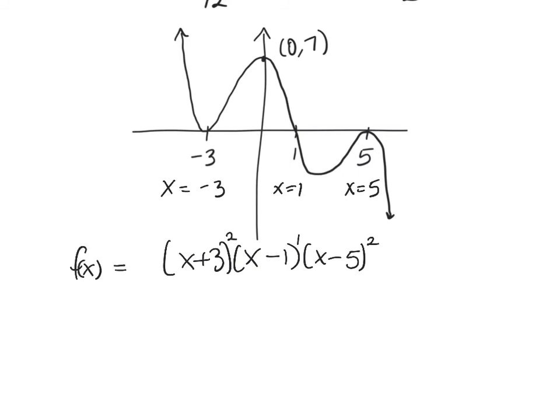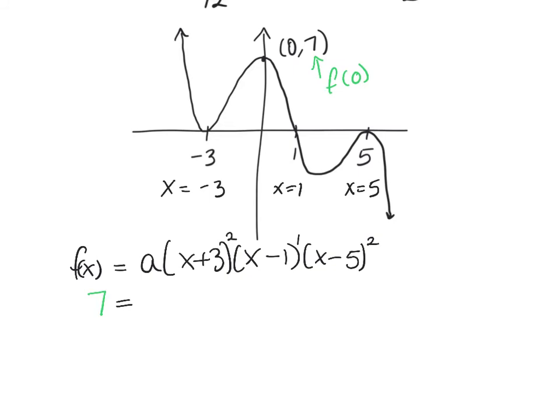f of x is equal to a multiplied by all of that. Now what do we do? Put the 7 in. So f of x, and then you put 0 in for x. So I'm going to have 7 is equal to, because this is f of x evaluated at 0.